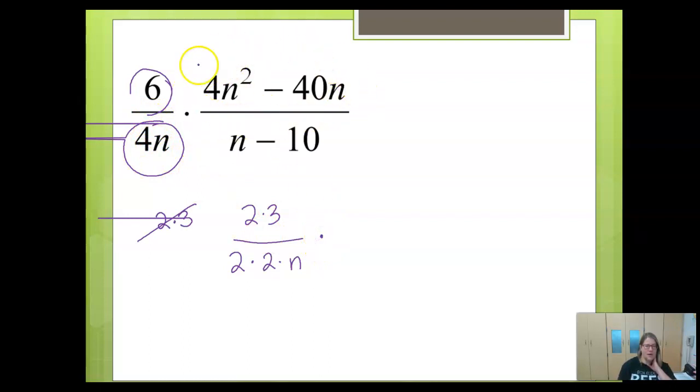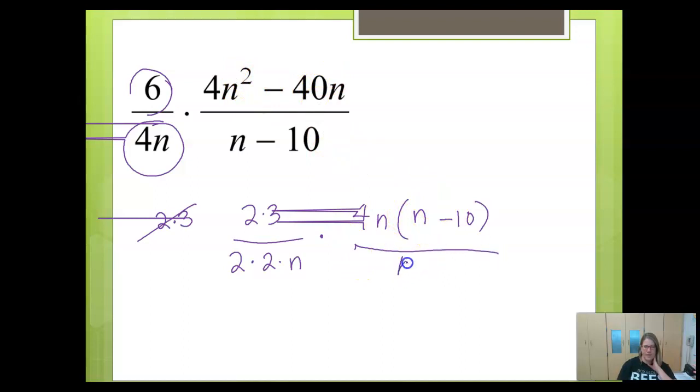So 4n squared minus 40. I can see that there's a common factor of 4 and also of n. So we just go ahead and factor out the 4n, and that will leave n minus 10 inside the parentheses. Quickly double check and make sure if you were to multiply it back through, you get the same thing back. And then I have the n minus 10 down here.